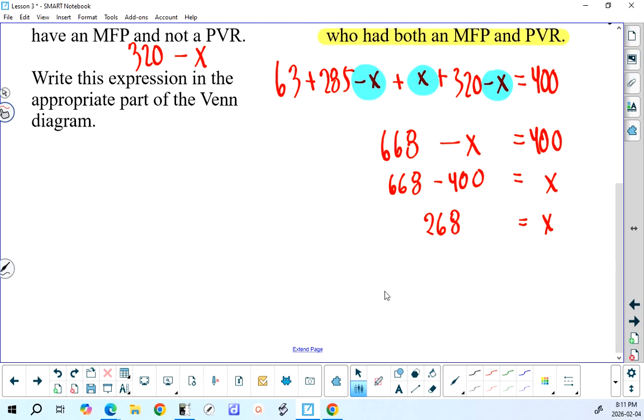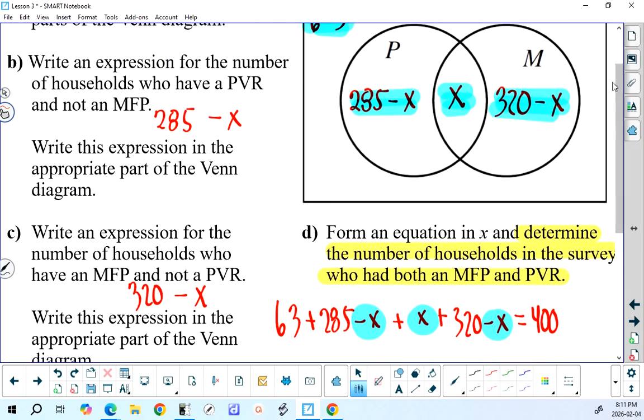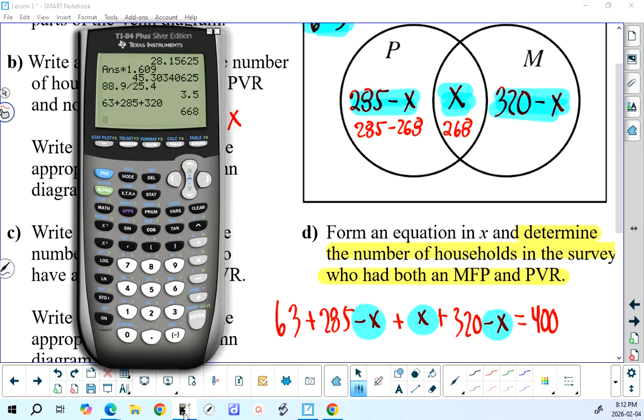So now we're going to do some checking here. I'm going to put the number 268 here. I'm going to take 268 away from the 285. 285 minus 268 gives 17.